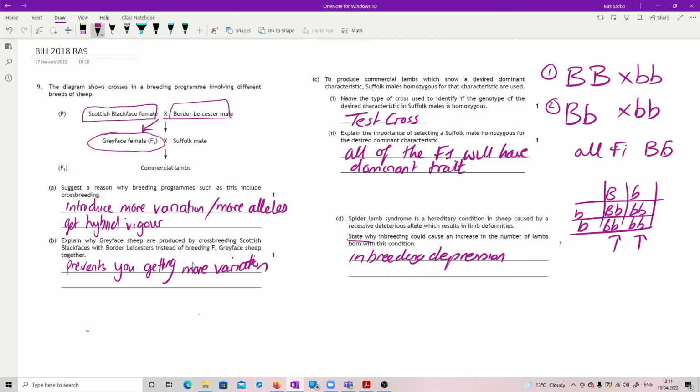If you want to explain it, then what you can say is that what you've got in the inbreeding is an increased chance of more of these deleterious alleles as recessives becoming homozygous, which is what you get with inbreeding depression. Okay, either is good, and both were very acceptable in the mark scheme.